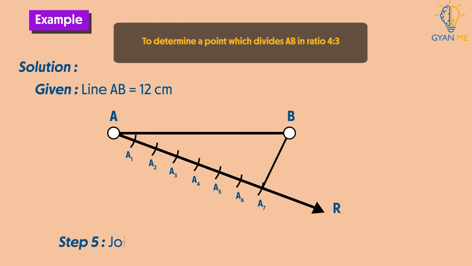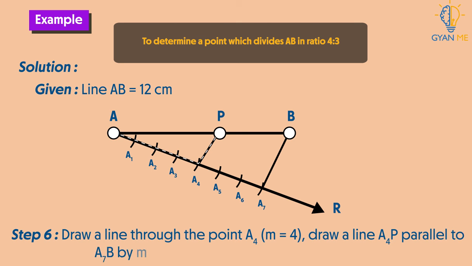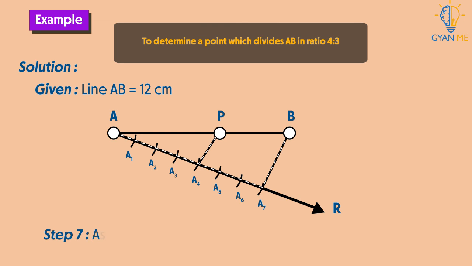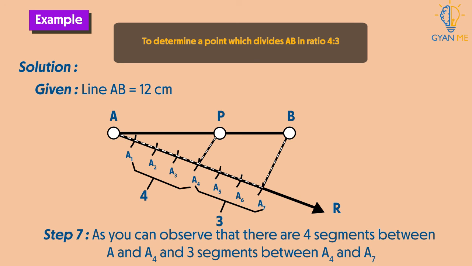Through the point A4, draw a line A4P parallel to A7B by making angle AA4P equal to angle AA7B. As you can observe, there are 4 segments between A and A4 and 3 segments between A4 and A7.